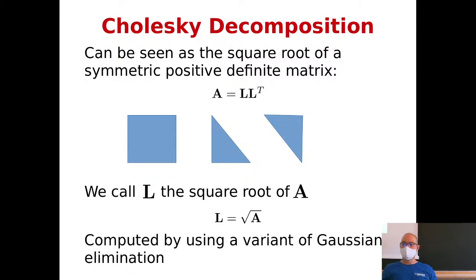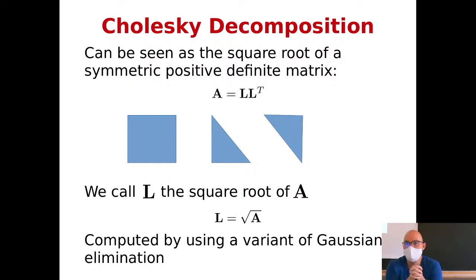Okay? It can be computed straightforwardly by using a variant of Gaussian elimination. In MATLAB, or in Octave, you can calculate the Cholesky decomposition of a matrix by using the function chol, C-H-O-L.